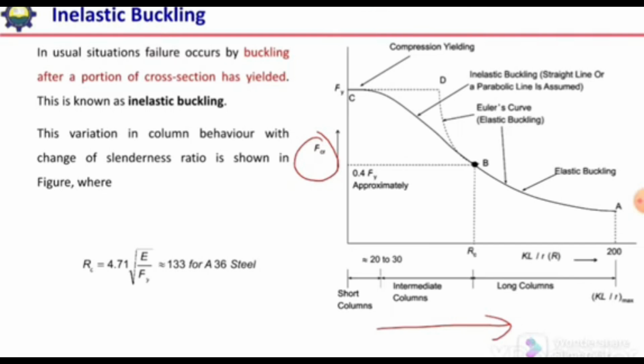When we have a very small slenderness ratio, we term it a short column, and in that case the stress in the column can reach up to the yield strength. As we go on increasing the slenderness ratio, when it is between 30 and Rc, the critical slenderness ratio, we will have inelastic buckling. The column will buckle, but some of its portion will yield.